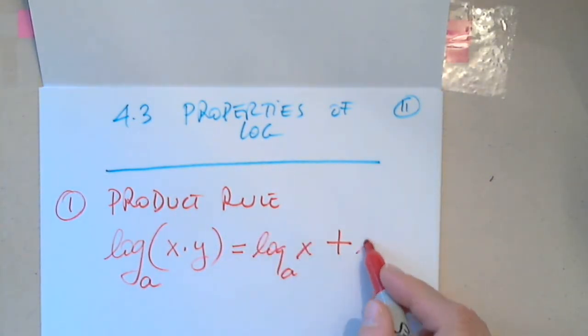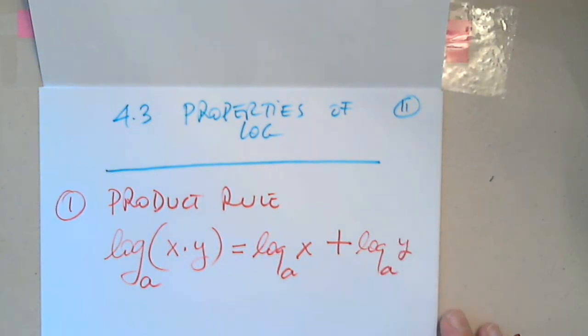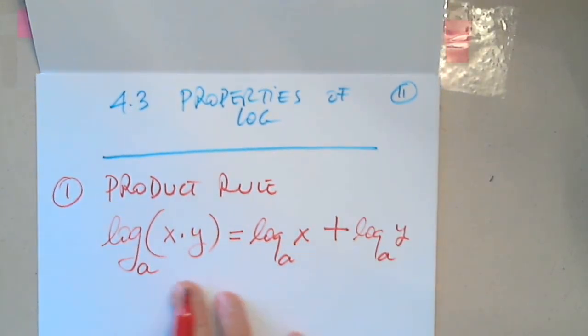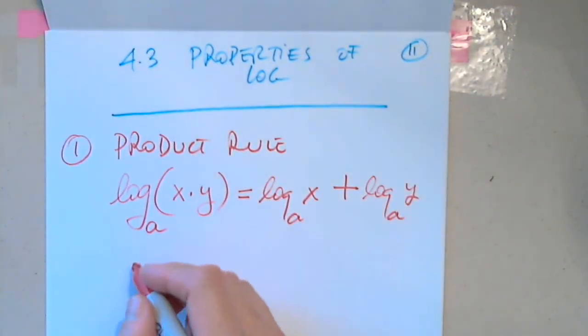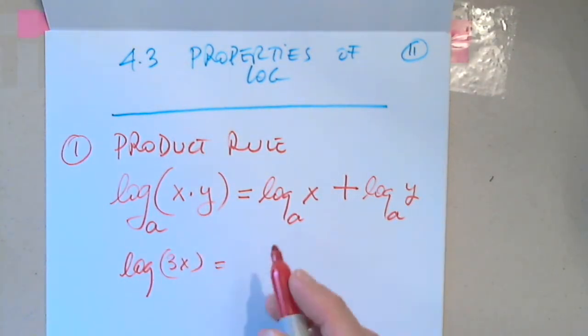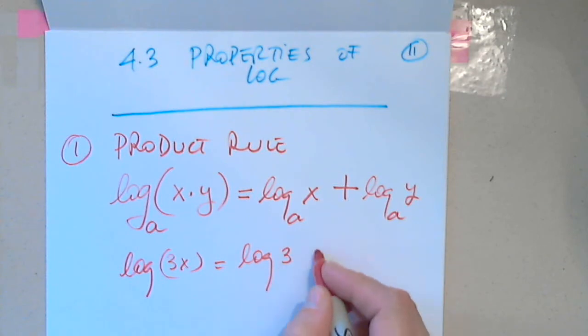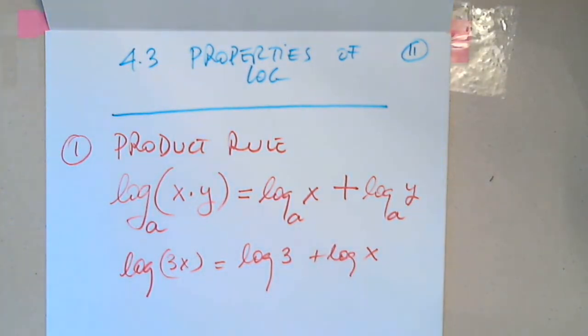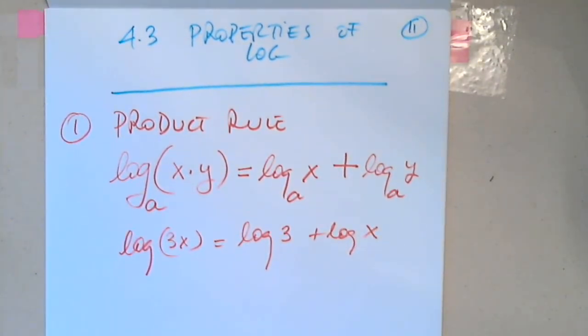Log of x, log of y. No other function has this property. So here's an example. If I have log base 10 of 3x, I can write it as log 3 plus log x. That's how the product rule works.